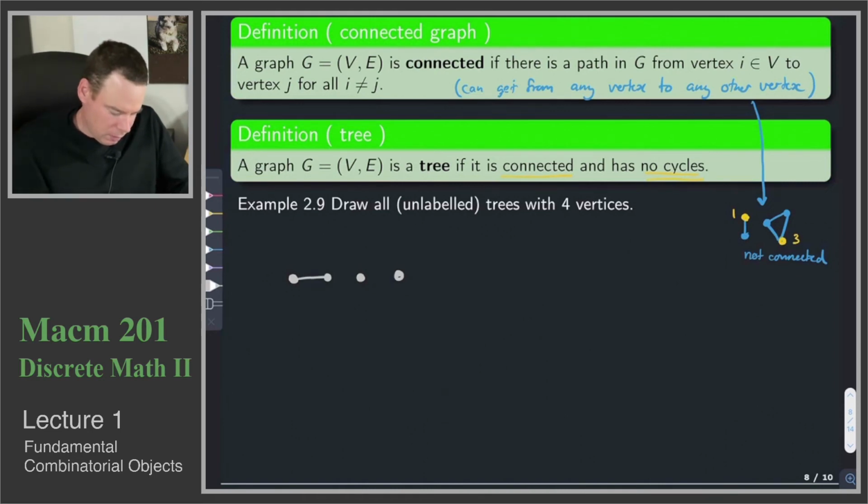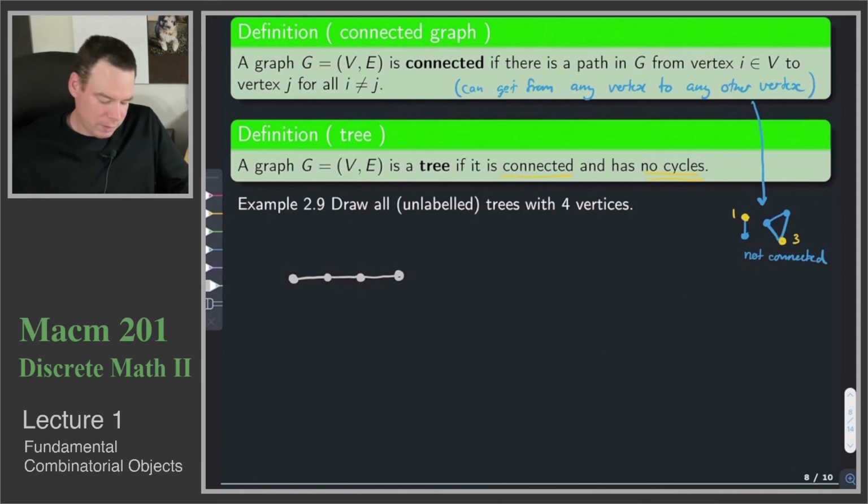I can throw some edges in. I can't connect this one over to this one because that would be a cycle, and a tree has no cycles. So I'm not able to introduce that edge. It's supposed to be connected, so I need to still connect that 4th vertex back to the original 3. I could do that in a few different ways, but as a first step I'll just connect it like this.